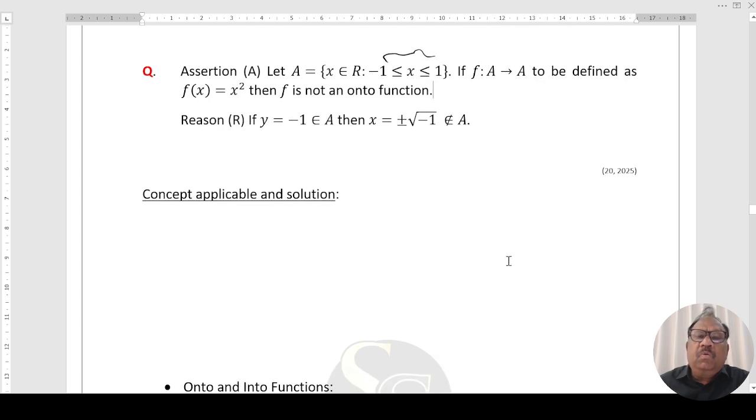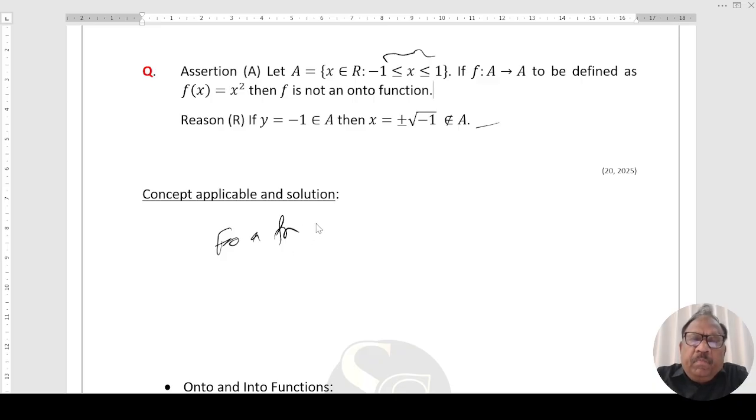And the reason: if y equal to -1 belongs to A, then x equal to plus minus √-1 does not belong to A. Right? For a function to be onto, the answer can be given within 5 seconds, but I will discuss in detail the concept applicable.